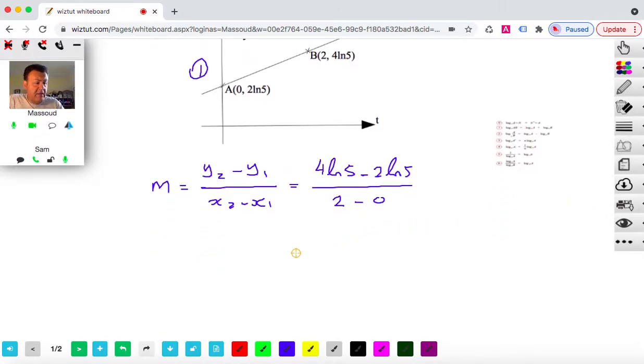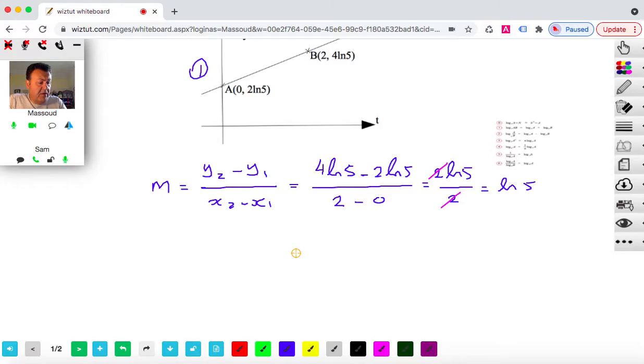So let's simplify this. 4 minus 2 is 2 log natural of 5 over 2, and these 2's can cancel, and that will leave you log natural of 5 as the gradient.